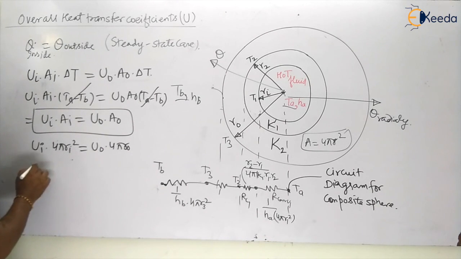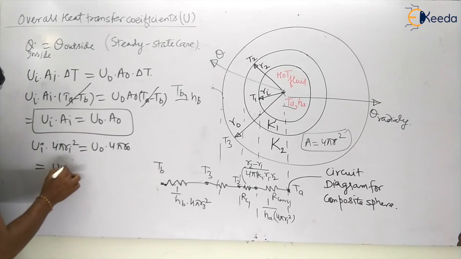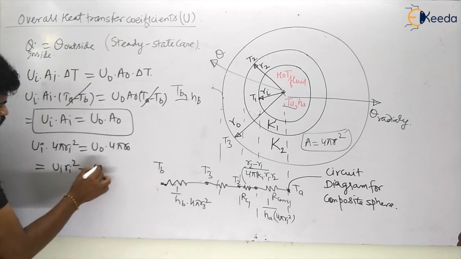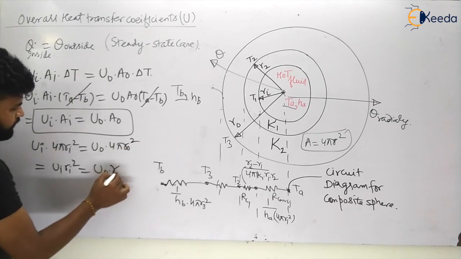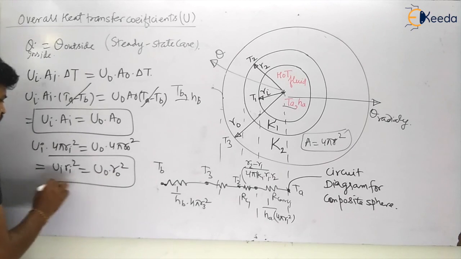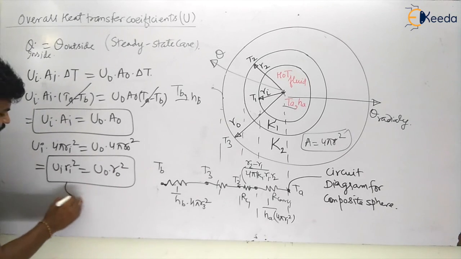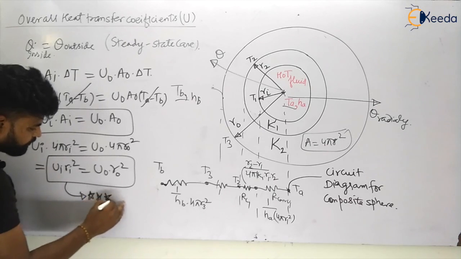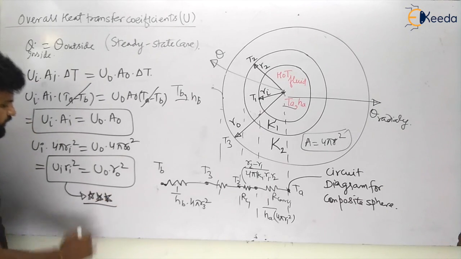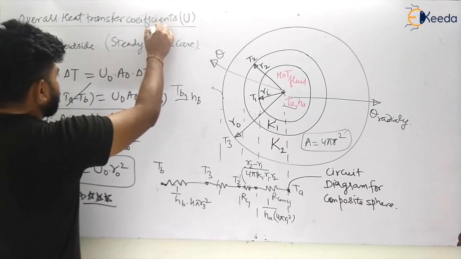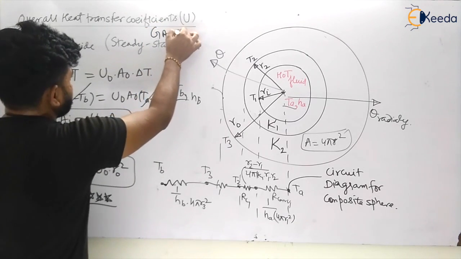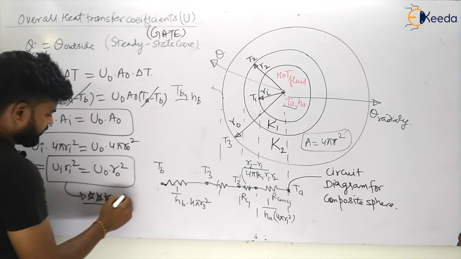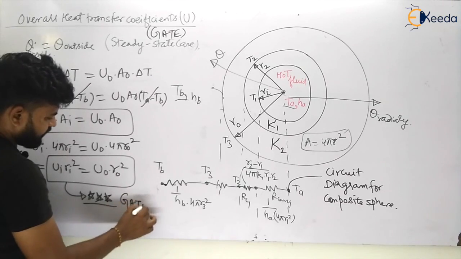So you have UI into Ri square is equal to U naught into R naught square, my dear students. This will be your heat transfer coefficient relation, and this equation is very much important from the GATE point of view, because a 2 marks or 1 mark question can easily be asked from this in your GATE exam. Remember it.